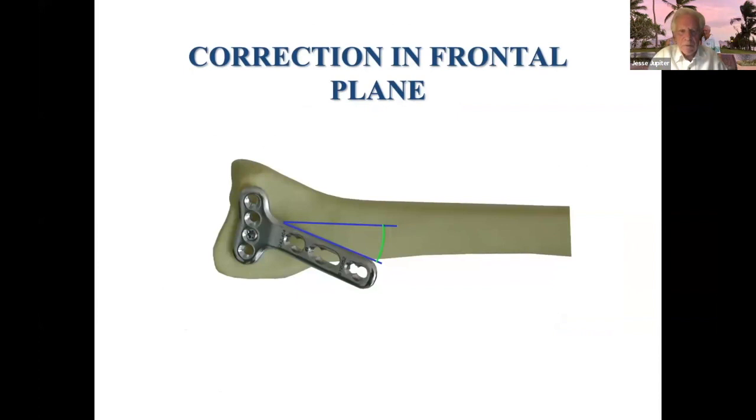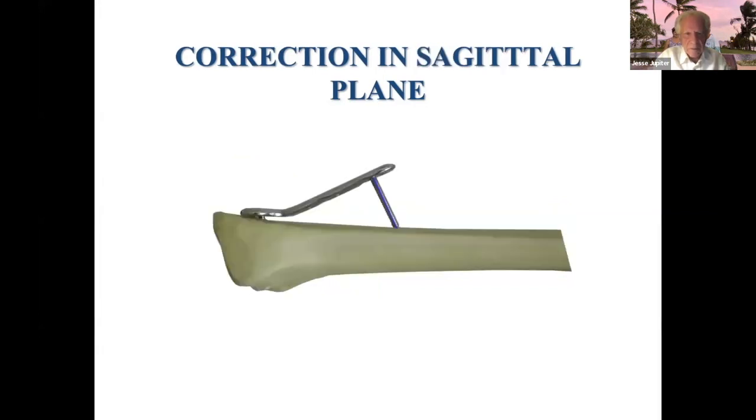If you know to what degree you have to correct in the sagittal plane and in the frontal plane, you can use your plate to generally give you some idea of how to do the correction. By applying the plate securely to the distal fragment, recognizing that you need to be careful if it's osteopenic bone, because we're going to put a lot of stress on that attachment.